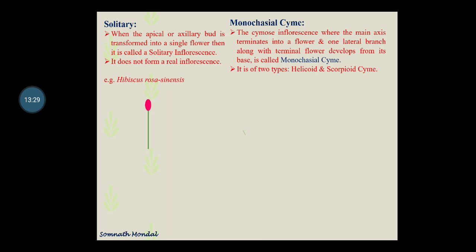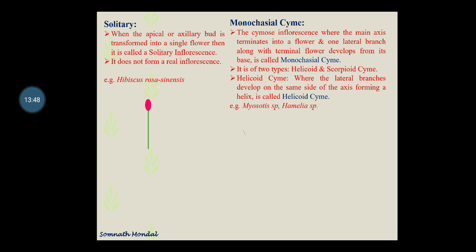There are basically two types, helicoid and scorpioid cyme. In case of helicoid cyme, the lateral branches develop on the same side of the flowering axis, forming a helix-like structure, and that is why it is called helicoid. The example is Myosotis or Hamelia.